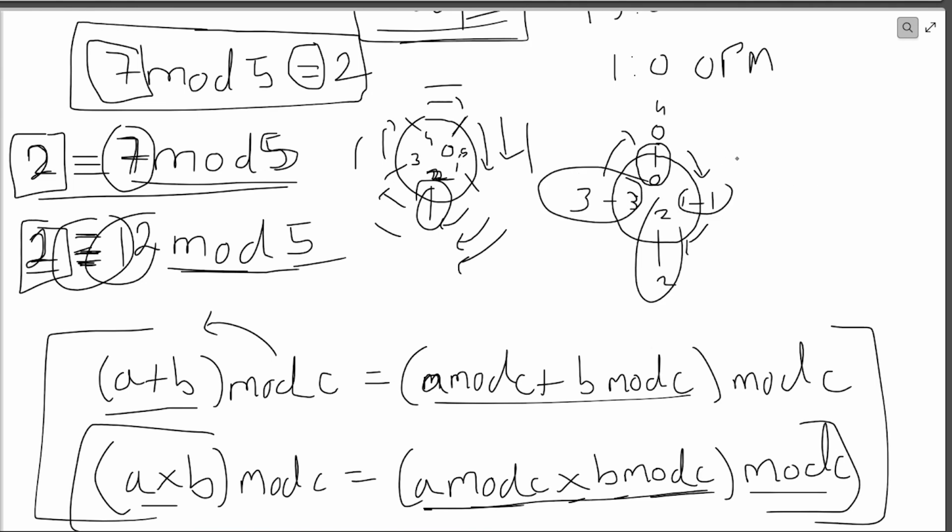So if we have a number, let us say 17, we know that the lowest multiple of 4 below this number is 16. So when going around this circle 16 times, we will just reach this starting position, and we only go one step ahead to reach the 1 position. So we can just divide 17 by 4 and then look at what the remainder is. So 17 divided by 4 gives you a remainder.